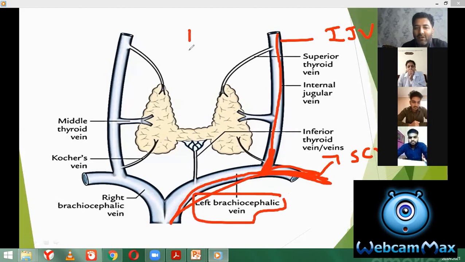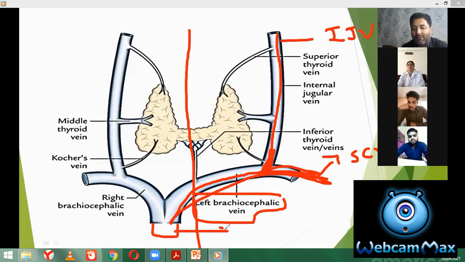This is the center of your body. The left brachiocephalic vein crosses the center and goes towards the right side. That's why your left brachiocephalic vein is longer compared to your right brachiocephalic vein. And when these two veins join, the joined vein is known as the superior vena cava.